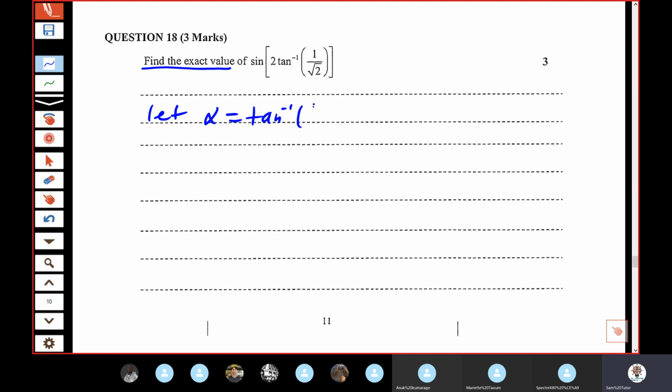Inverse tan, good job. And then what do we do at this stage? Tan alpha or tan theta, it doesn't matter. Beautiful, okay, now pause. What are we trying to prove? Remember, I always write i.e., this is what we're trying to get at. We're trying to get sine to what?